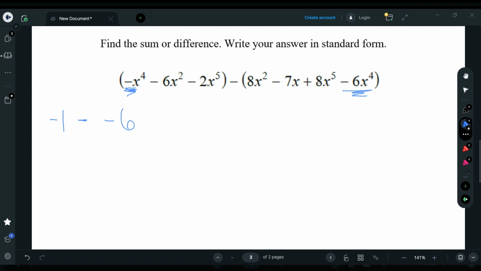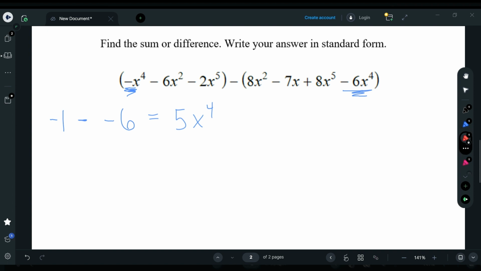And just as a reminder, you can always use a calculator if you want to double check your arithmetic. When we do negative 1 minus negative 6, we're going to get a positive 5. That's the new coefficient, and the x and the exponent of 4 stay. Those don't change.